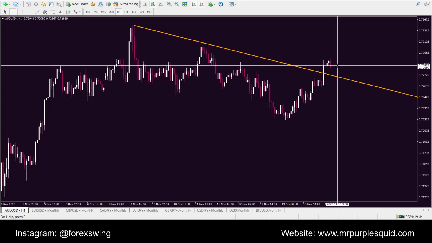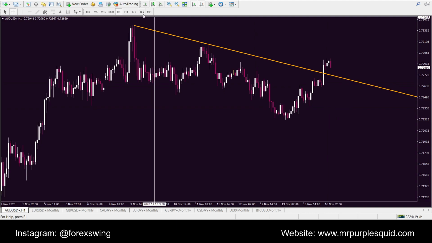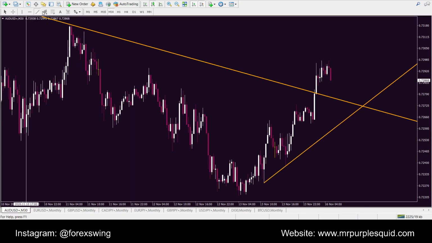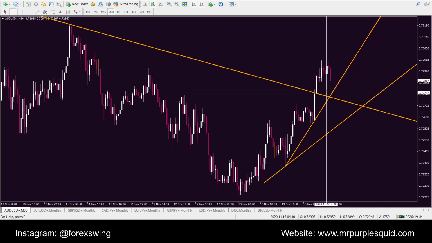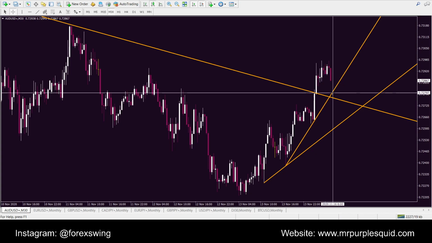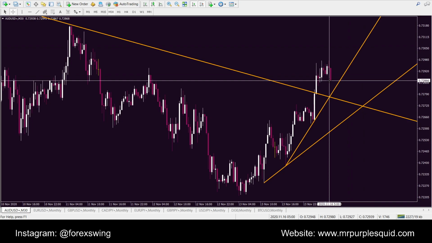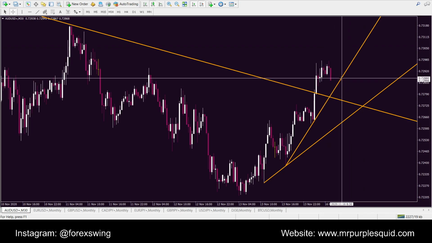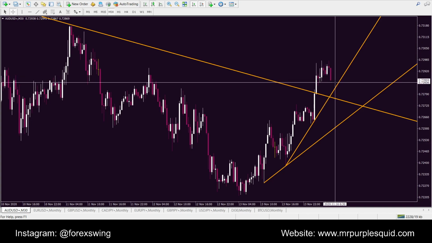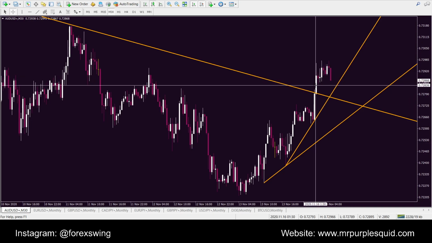So nothing too clear. And this is the M30. So definitely bullish until price breaks below this area right here. So let's see what will happen this week. I'm not interested in any entry on Australian USD at this moment.